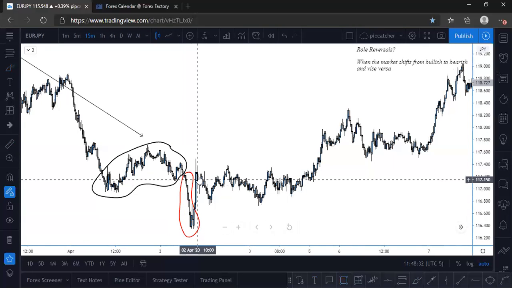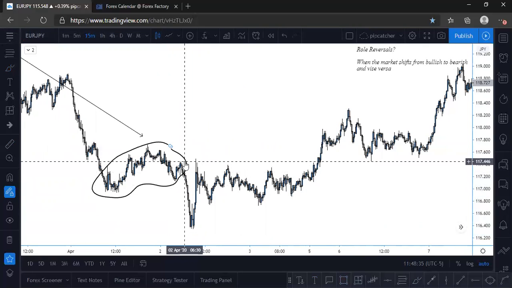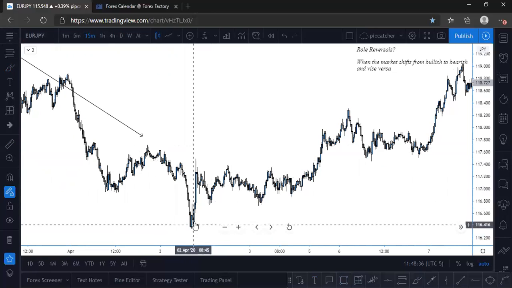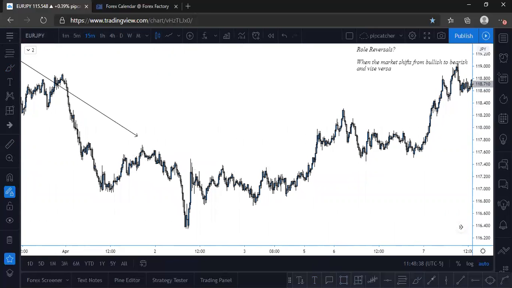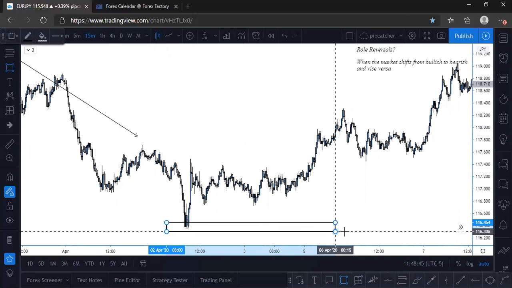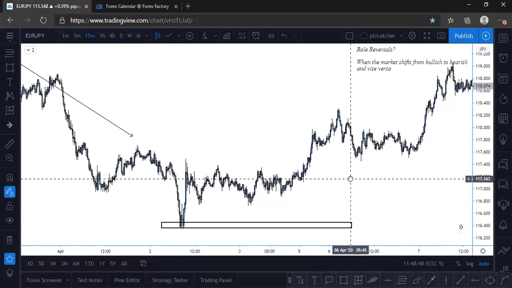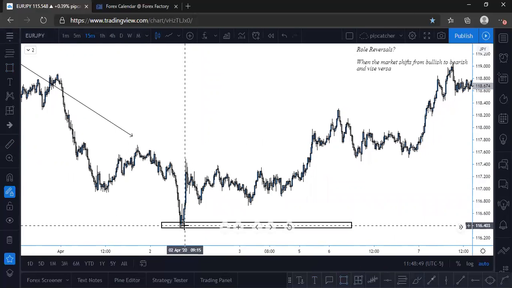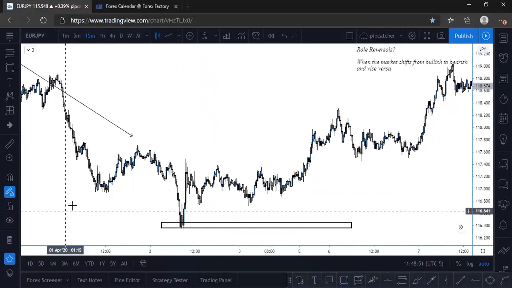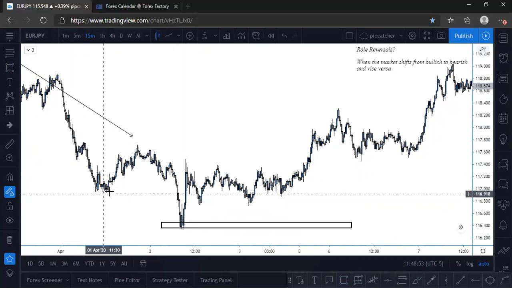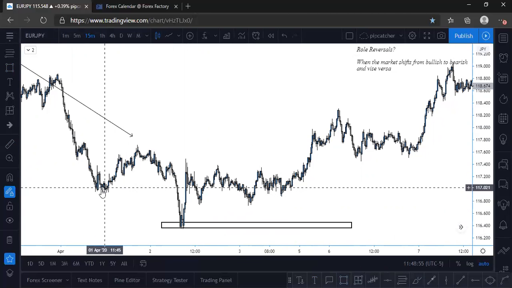So after this initial spring, price trades back up, right? When you see a spring or a demand level in general that is valid, you should see price trade back up into that initial selling climax.